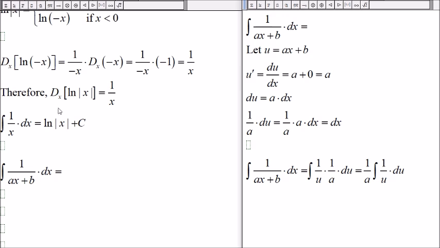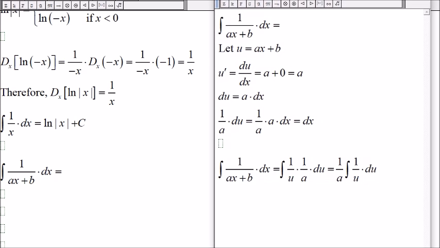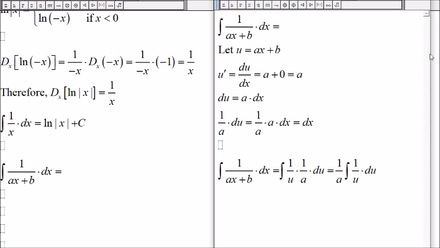We have seen that the antiderivative of 1 over x is the natural log of the absolute value of x, and therefore the antiderivative of 1 over u would be just the natural log of the absolute value of u. So this would be 1 over a times the natural log of the absolute value of u, plus c.